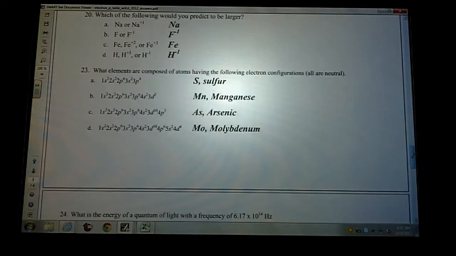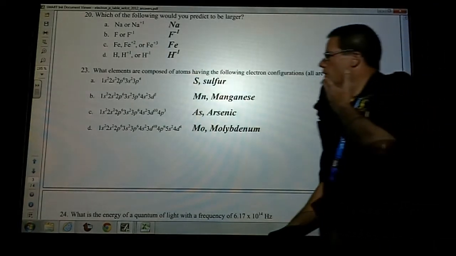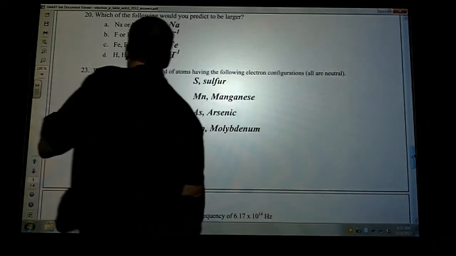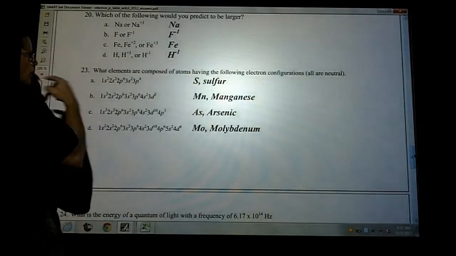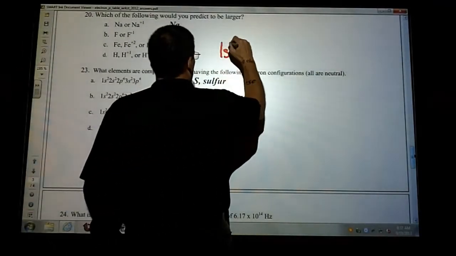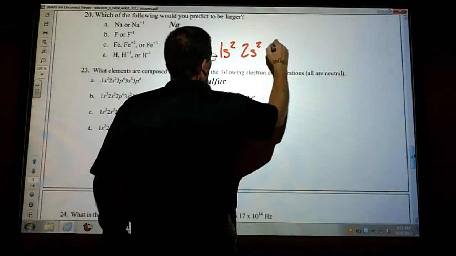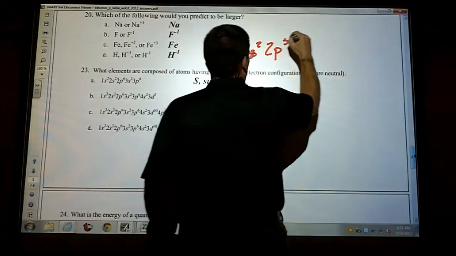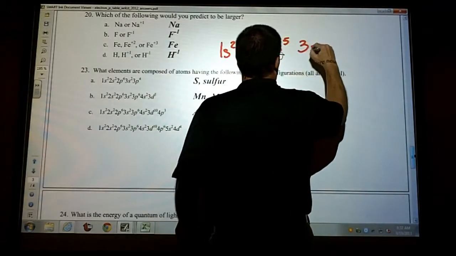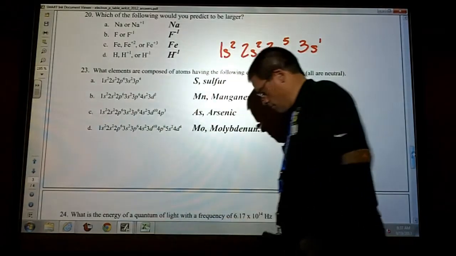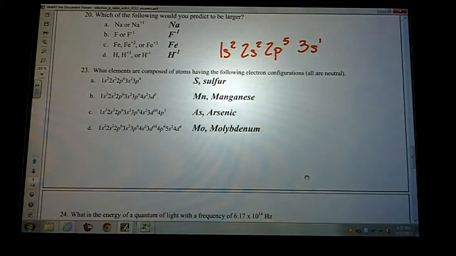All right, and then configurations, you'll have to identify things. What if, let's do this. Let's say that you have this. I don't think I've ever talked about this. Good time to talk about it.